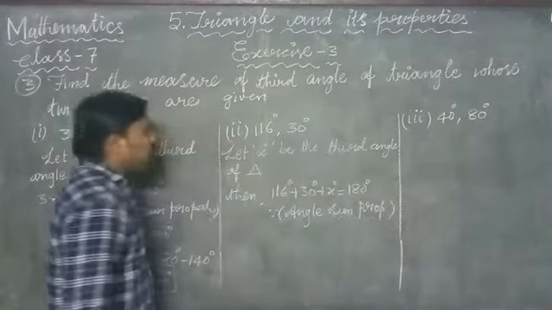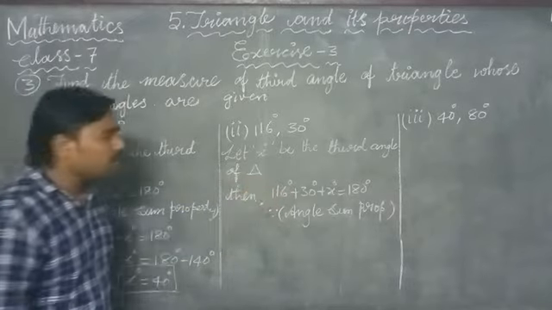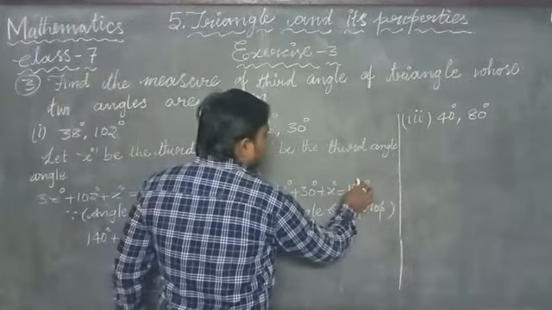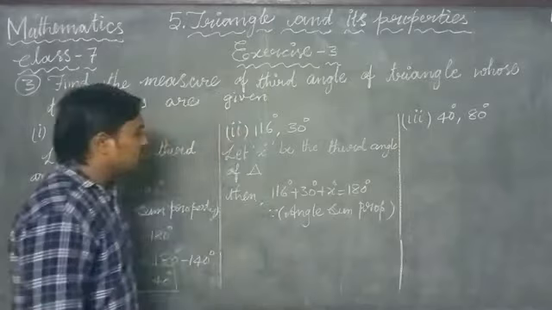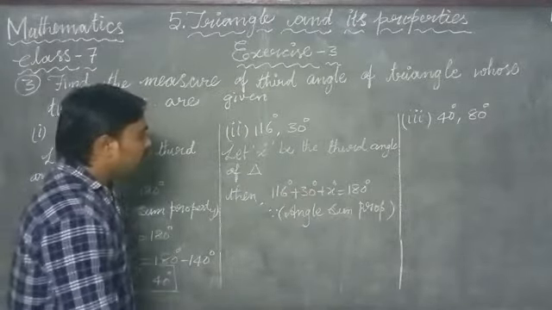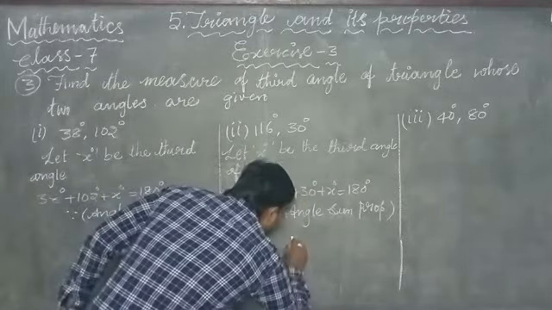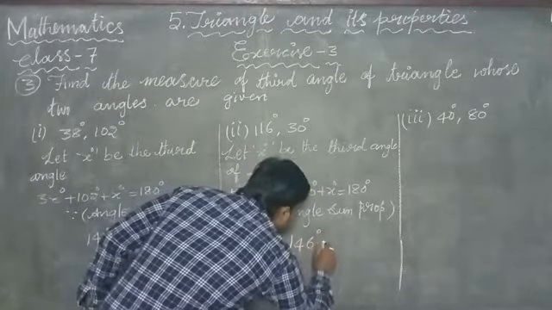Okay, according to the angle sum property, the sum of all the angles in a triangle equals 180 degrees. So 116 degrees plus 30 degrees plus x degrees equals 180 degrees. From that, 116 plus 30 means 146 degrees.